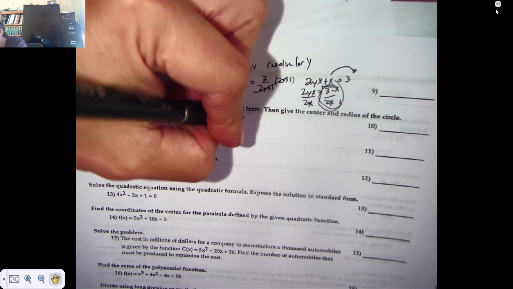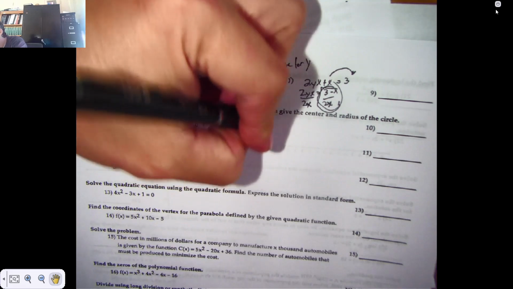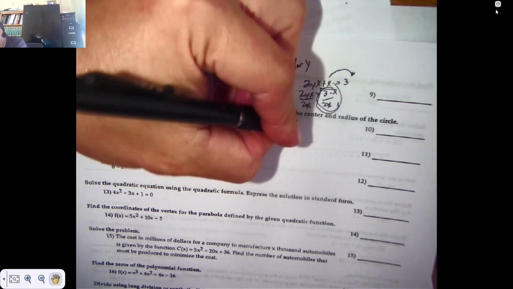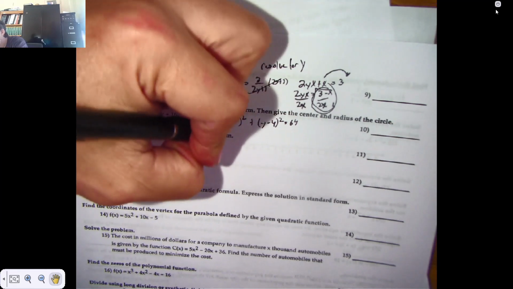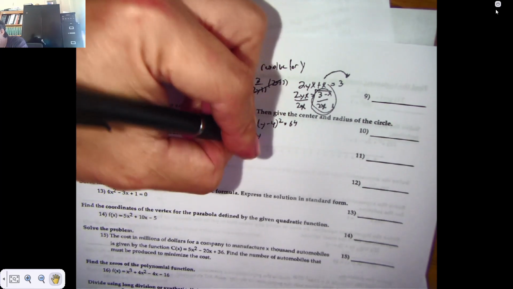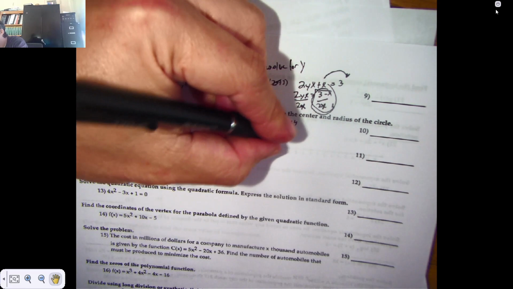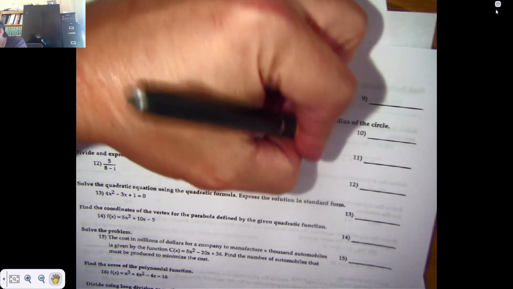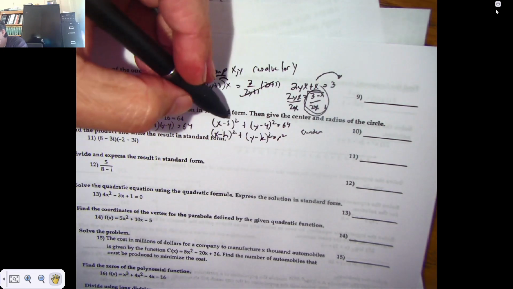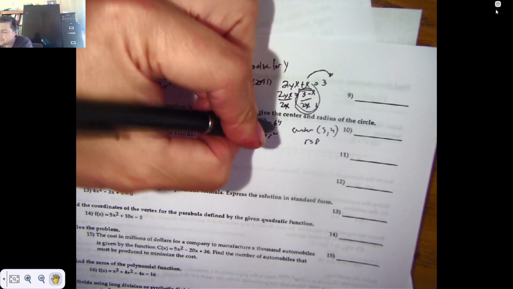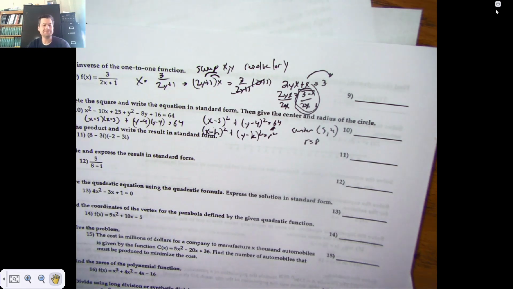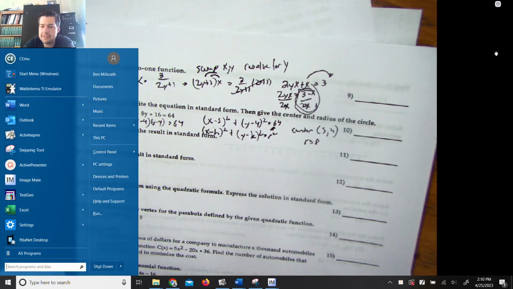So that's x minus 5 squared plus y minus 4 squared equal to 64. I think this is on your reference sheet, but x minus h squared plus y minus k squared is r squared. So my center is my h and my k values, 5, 4. And my radius is 8 because r squared lines up with 64. And that takes care of that little group.